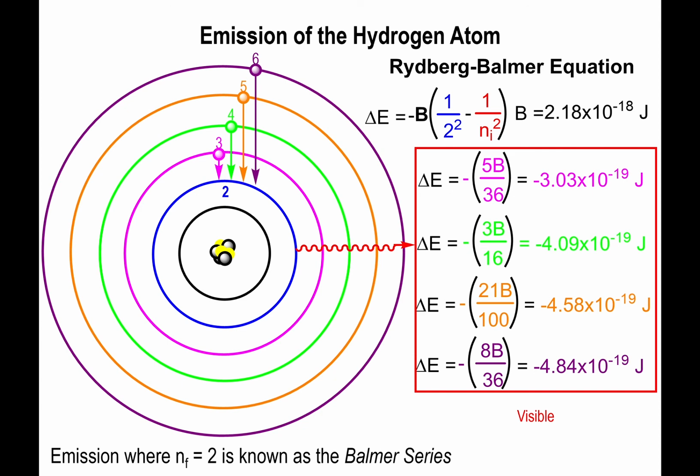And that name itself will imply that n final is equal to 2. After that, you could be asked to convert the energy to frequency or convert it to wavelength. So just be aware that those equations will still apply, in addition to energy equals negative B times 1 over n final squared minus 1 over n initial squared.